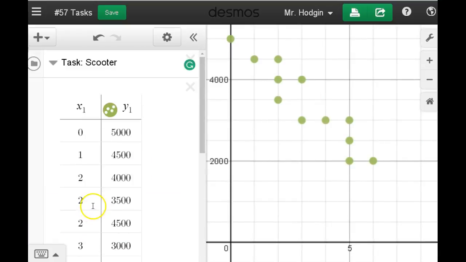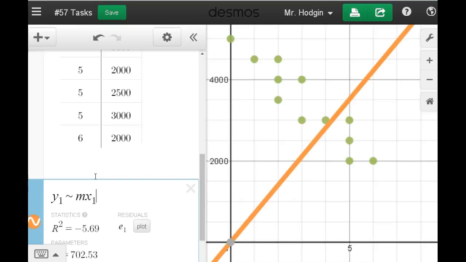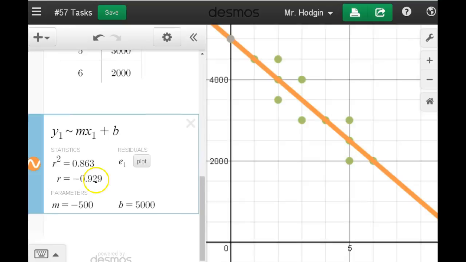So now we can go down here and do the correlations, see what my equation is. Okay.